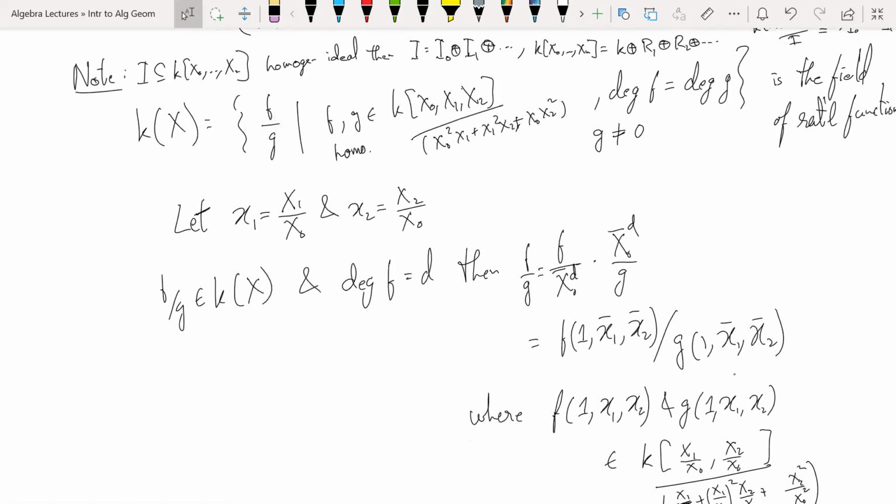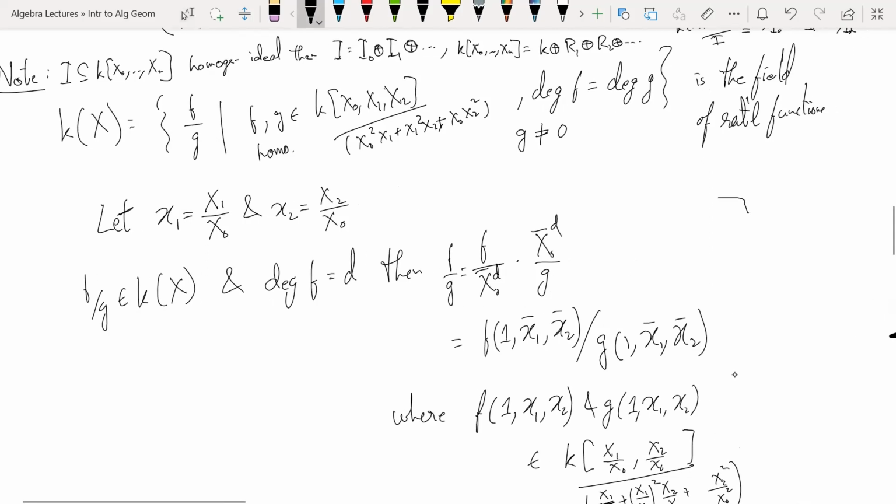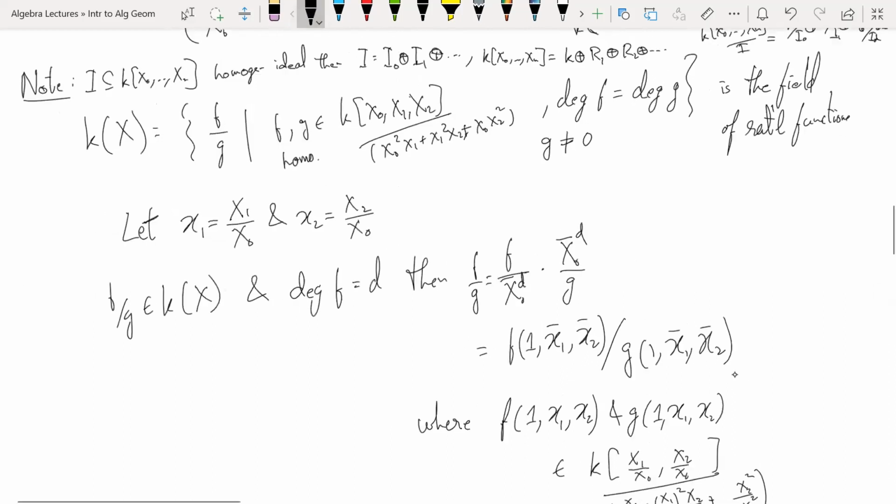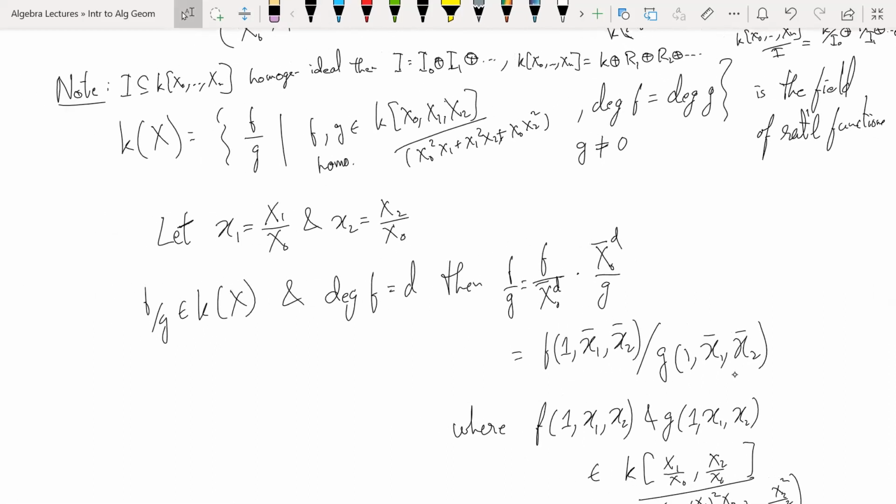And if you think about what this does, f is of degree d. So if you divide by x naught power d, then f is going to look like some homogeneous polynomial in three variables x naught, x1, x2 of degree d, and you are dividing by x naught power d.